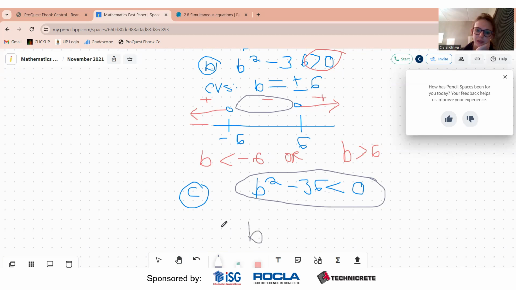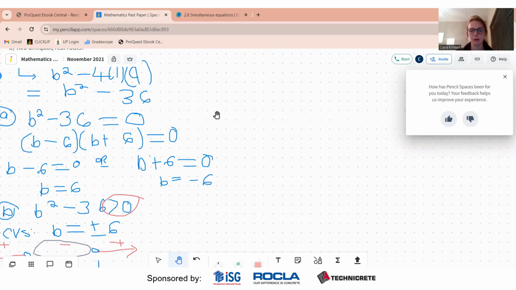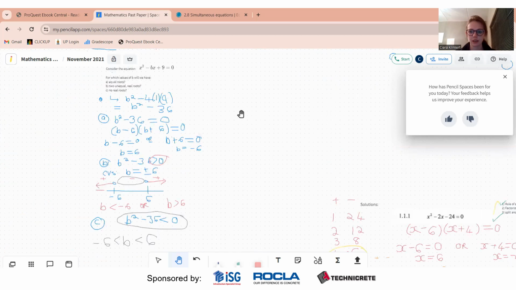So b is going to be in between -6 and 6 because it's sandwiched on the number line. Okay, so this is a basic version of the nature of roots. I'm now going to extend this question to a more similar format that we face in the question from the past paper.